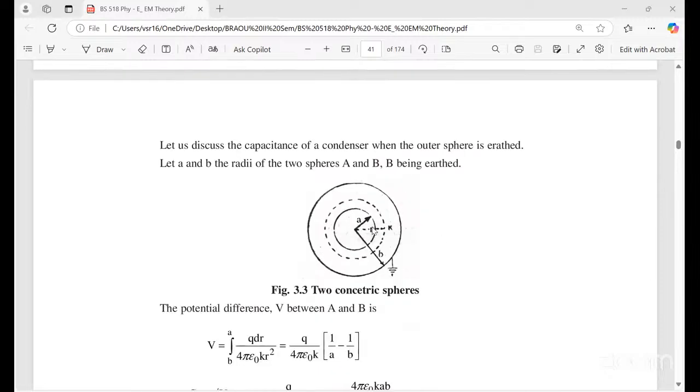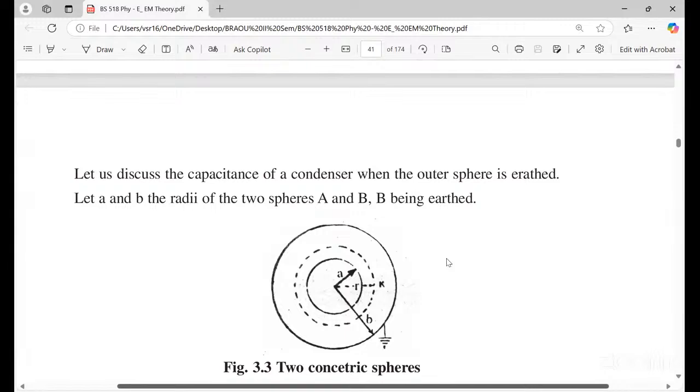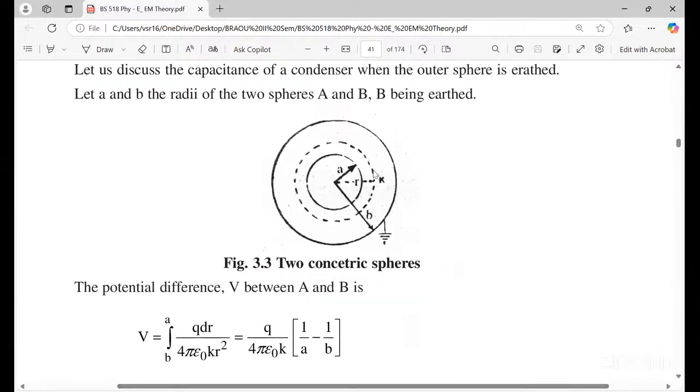One of the spheres has radius small a, the other has radius small b. You can see the figure. So this is the case. The outer sphere radius is greater than that of the inner sphere.